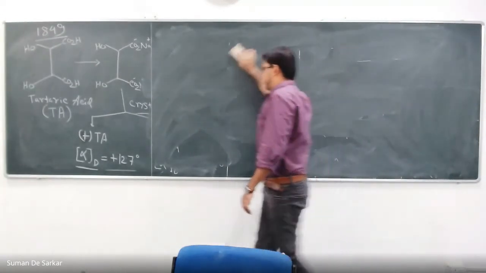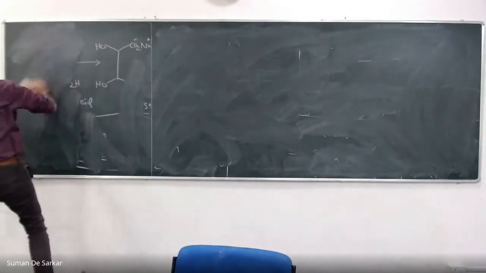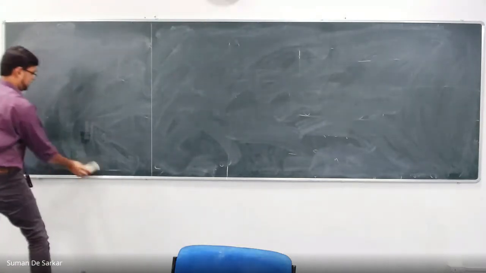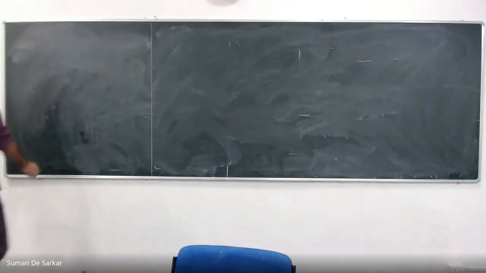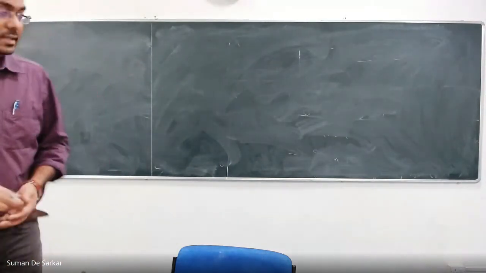To discuss the classification, let us start with the term Van 't Hoff used, that is isomer. Van 't Hoff never said enantiomer because it was not known at the time. He said isomer. So let us start from isomer.